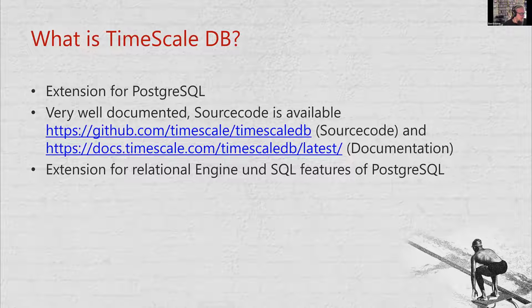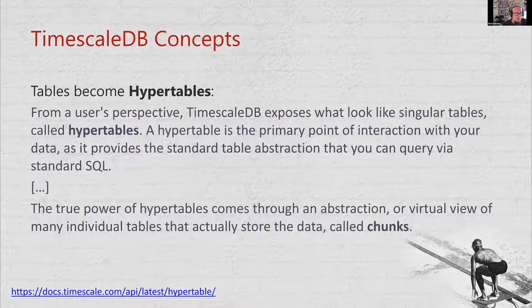Okay, first feature: when you enable the Timescale extension, tables become hypertables. A hypertable basically looks like a regular table, and it's an abstraction over a standard table that consists of several individual smaller tables that store the data and are called chunks.